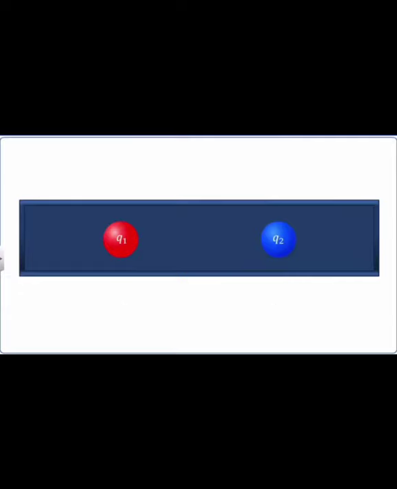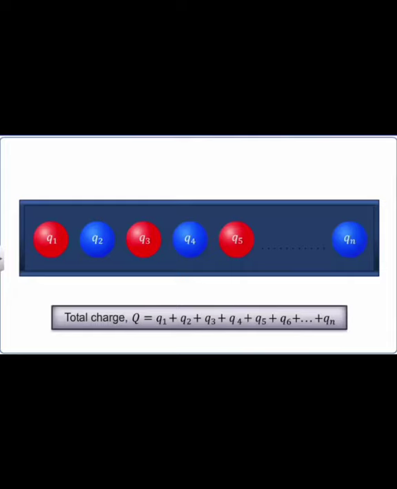Similarly, if a body carries n number of charges, Q1, Q2, and so on up to Qn, then the total charge on the body Q is equal to Q1 plus Q2 plus Q3 and so on till Qn.